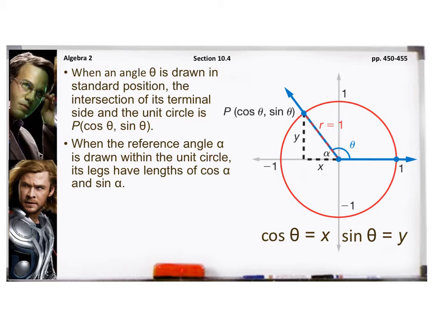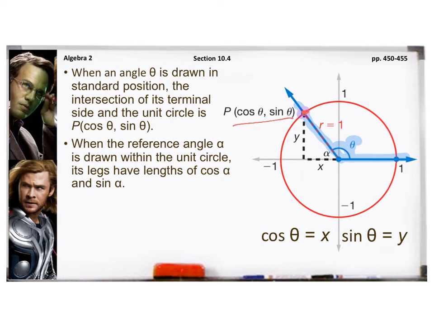When an angle theta, look at our graph here, see, so I've got theta. When an angle theta is drawn in standard position, the intersection of its terminal side and the unit circle is a point. This point right here is cosine theta, sine theta.